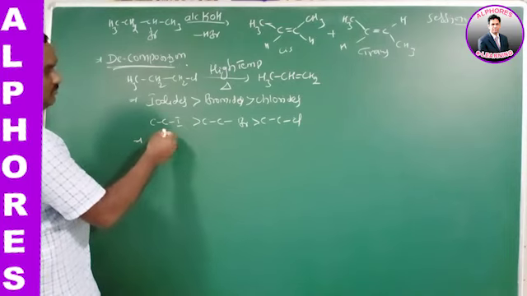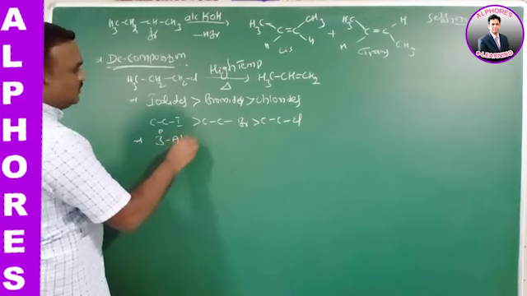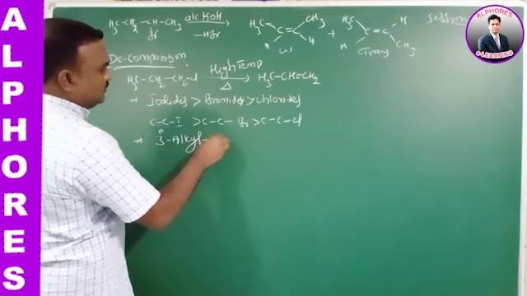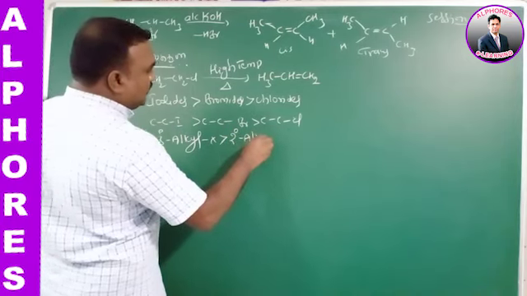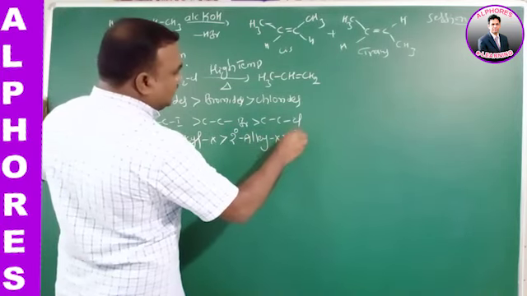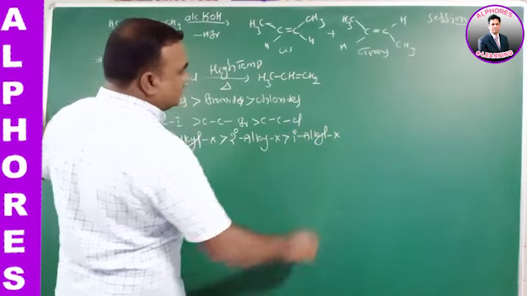This is the way to write the reactivity order of the given compounds. Wherever an alkyl chain is given, tertiary alkyl halides are more reactive when compared to secondary alkyl halides, and secondary alkyl halides are more reactive when compared to primary alkyl halides.